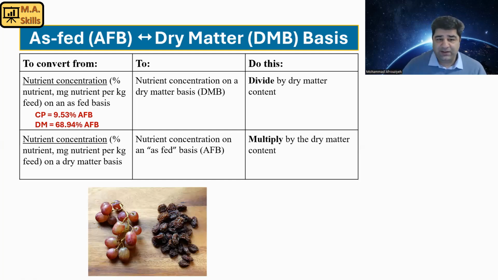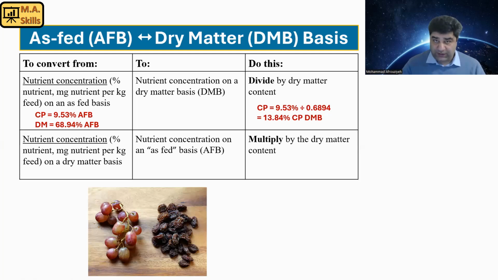So in that case, what you need to do is just divide the protein level as fed basis by the dry matter content, which is here 68.94%. It's going to give you 13.84% protein.